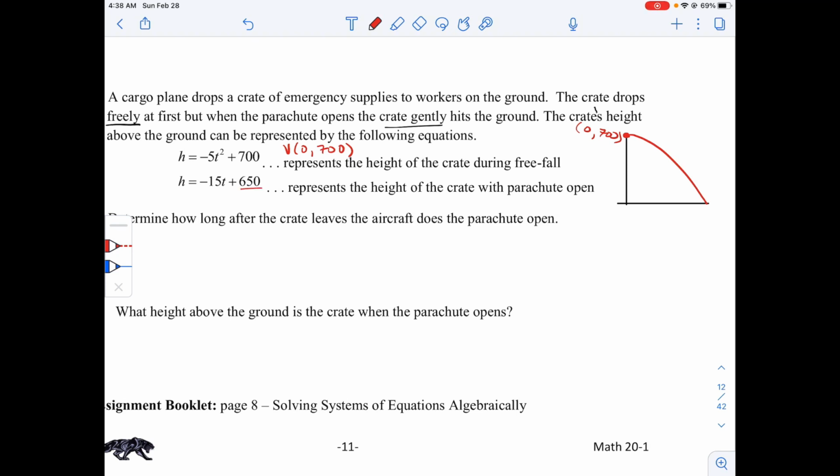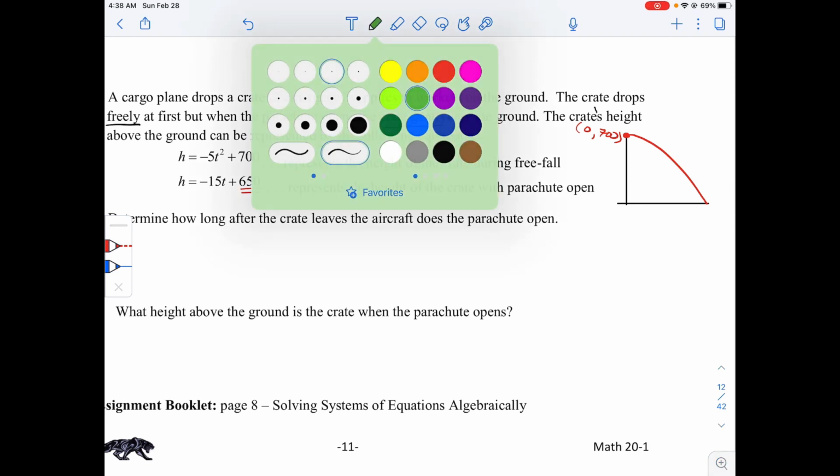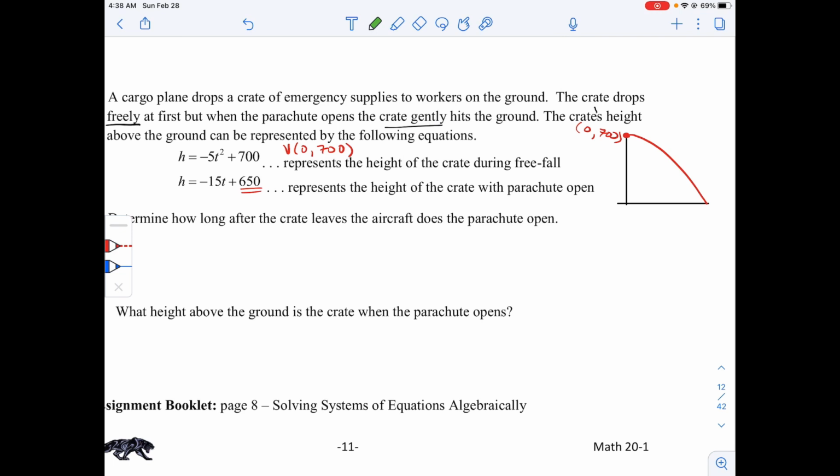And then our other equation here, negative 15t plus 650. What is this intersection point?